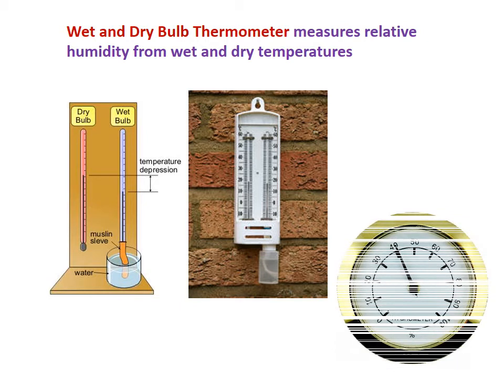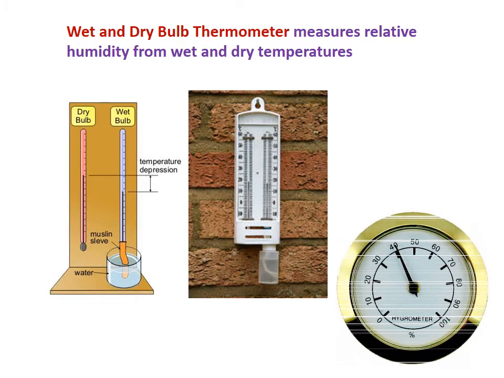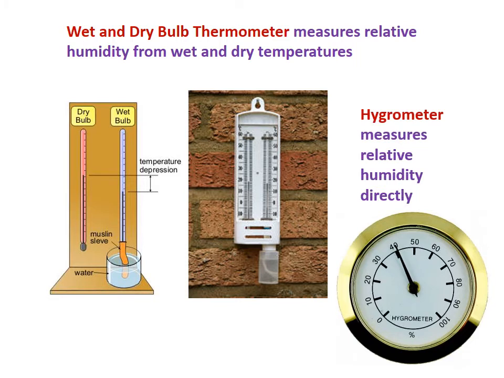At the same time, some people would like to use a dial type hygrometer for knowing the relative humidity. There is a hair type mechanism inside this hygrometer, which is responsive to the change in the relative humidity of the atmosphere.